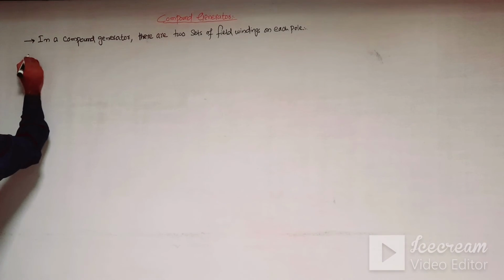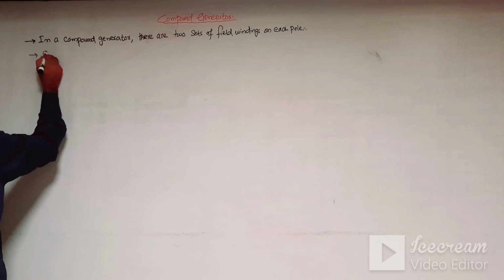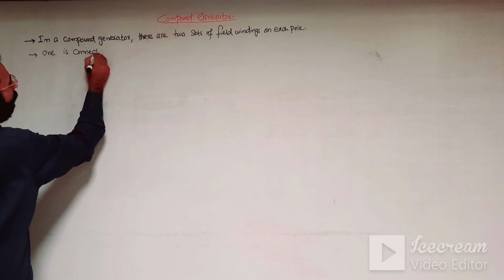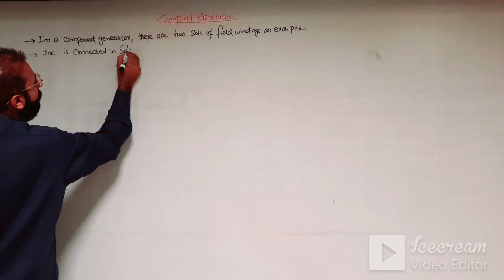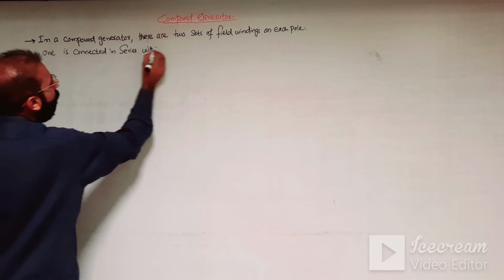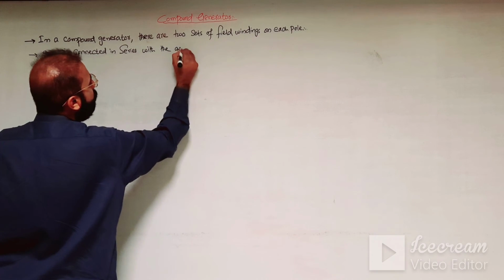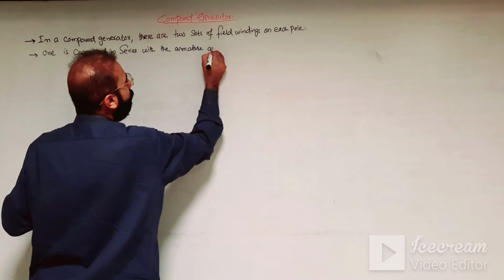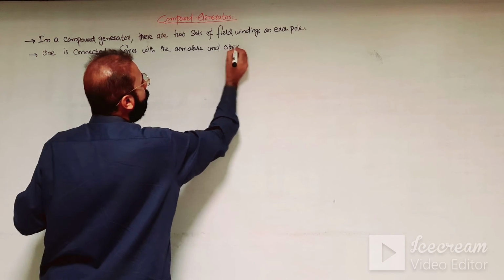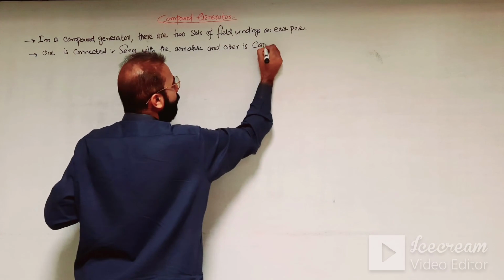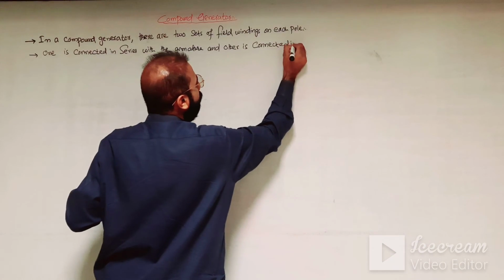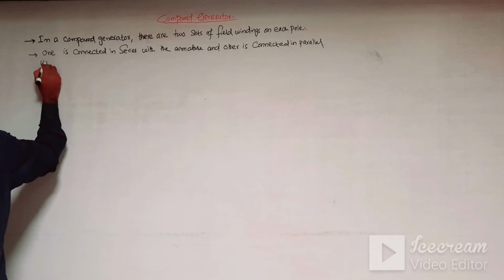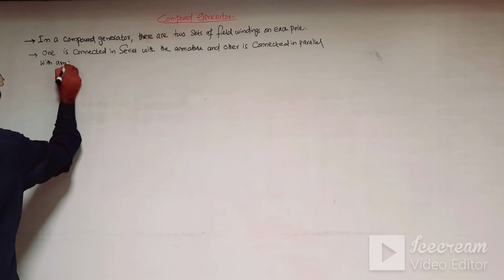So one is connected in series with the armature and the other is connected in parallel with the armature.